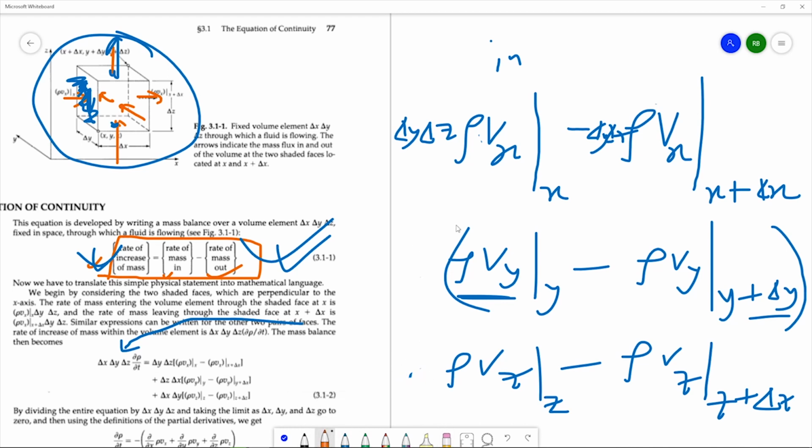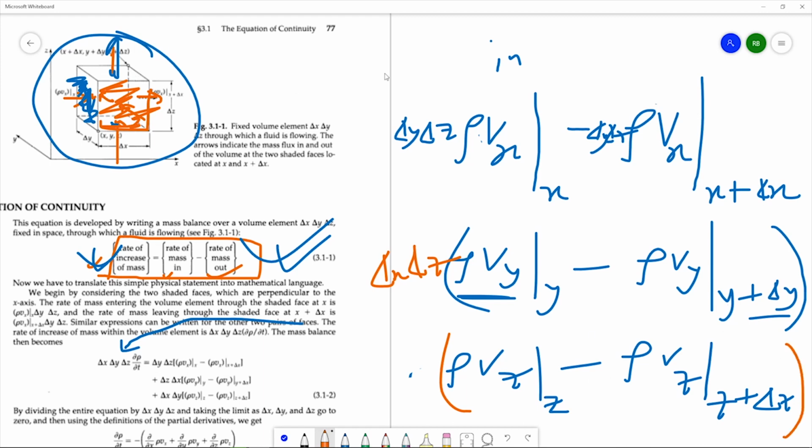For the y direction, what is the area of this face? Delta x, delta z. The same for the face at y plus delta y.